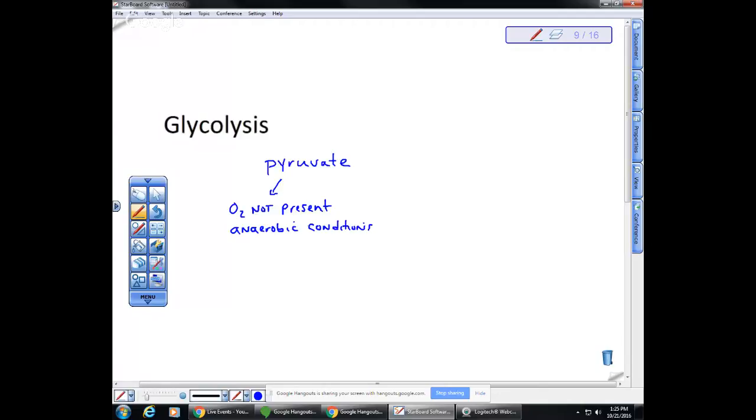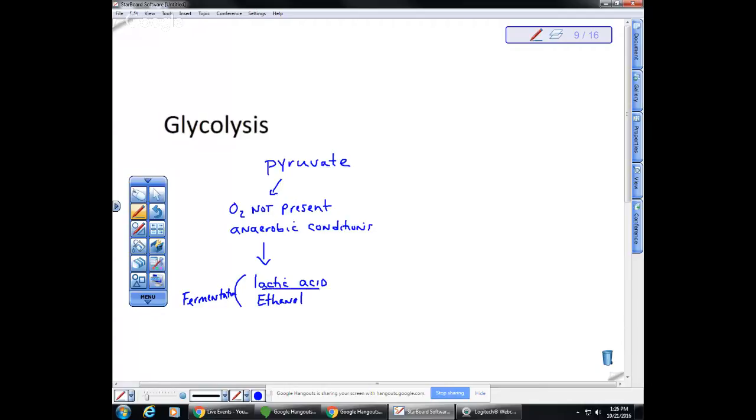This could be converted into lactic acid, or, we didn't talk about this, but also ethanol. So ethanol can also be a byproduct of fermentation. So this would be fermentation.